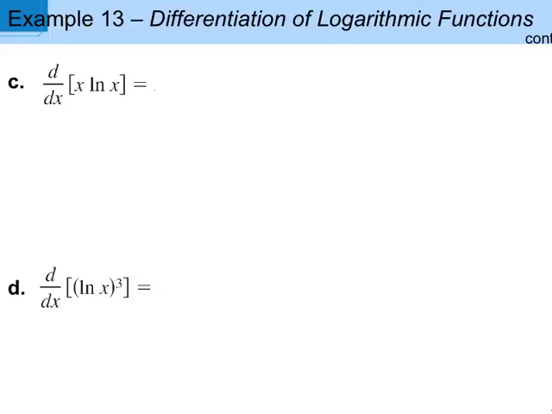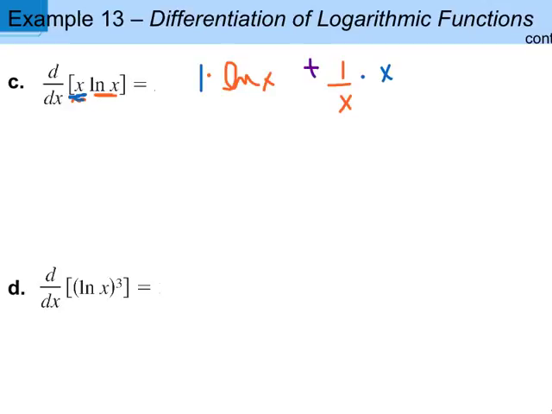Okay, now what's different about these two? In this first one, we have the natural log of x, and then it's times x. So we're going to have to use the product rule. Maybe I'll do two different colors. I'm going to do the derivative of the first, which is 1 over x, times the second, plus the derivative of the second, which is 1, times the first.